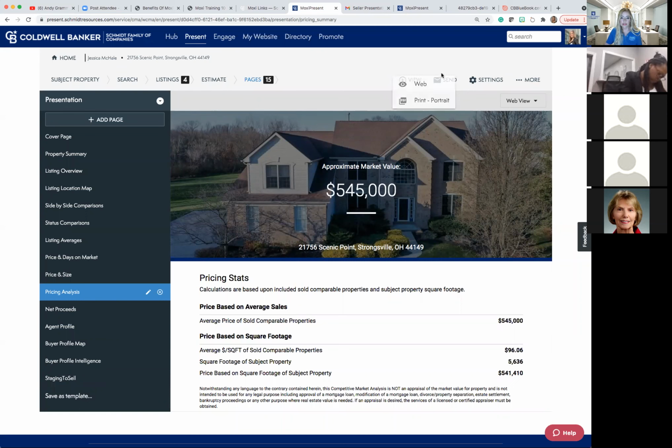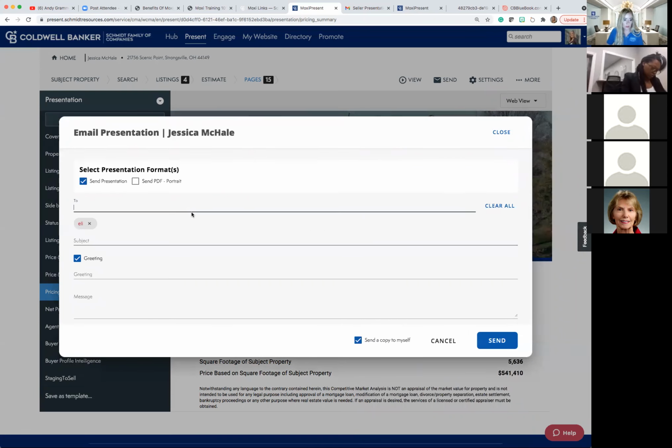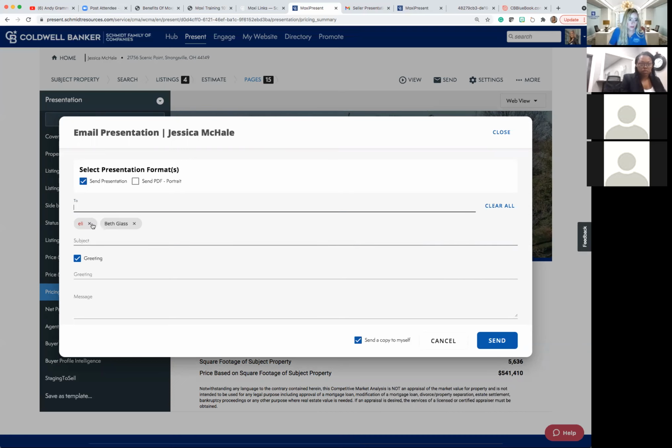If I wanted to send it to my client, here's the last thing we're going to cover today. It's right here. It's the Send button. By clicking on the Send button at the top right next to View, I'm literally just typing in who it's going to. You put their email address in. Right here is where you're going to have a subject of what you want it to say.